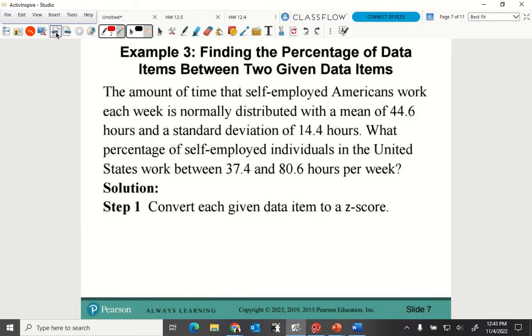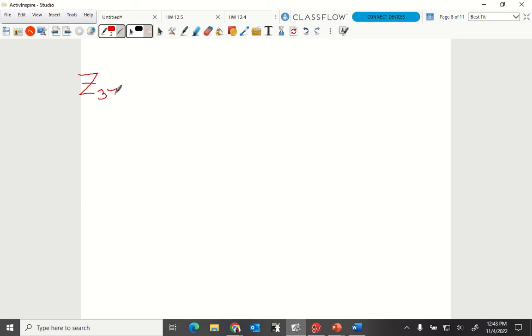My bottom value was 37.4, so that would be 37.4 minus the mean, 44.6, divided by the standard deviation, 14.4. That gives -0.5.